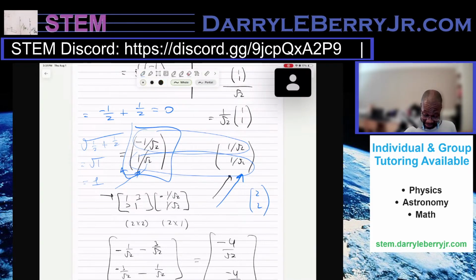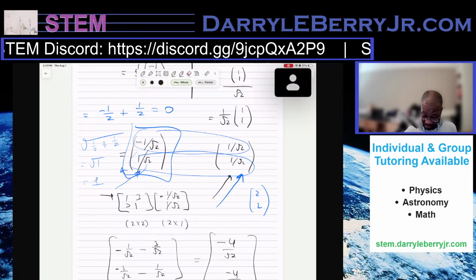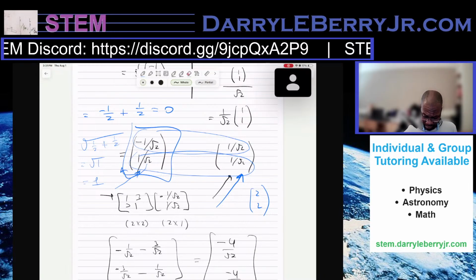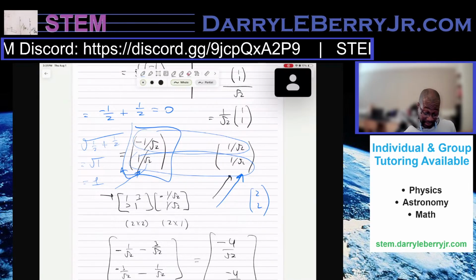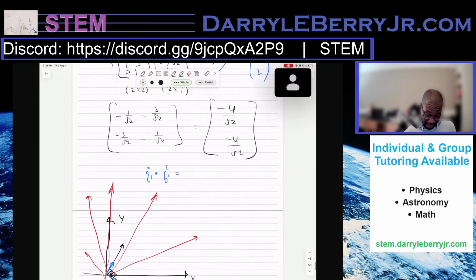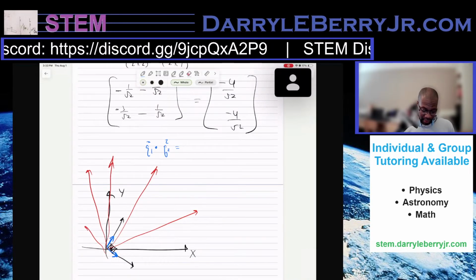But the magnitude of this is what? 1 squared plus 1 squared, square root of 2? And the length of that is not 1. The only difference is the length of these vectors is 1, and they're at a right angle to each other. So they span the space perfectly as a basis. So that's all that is.